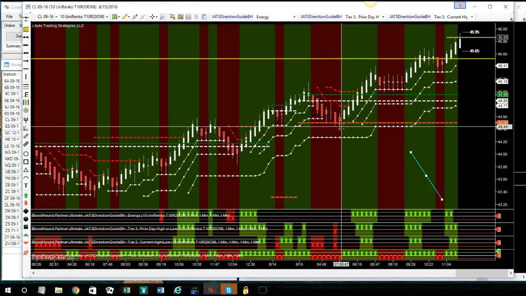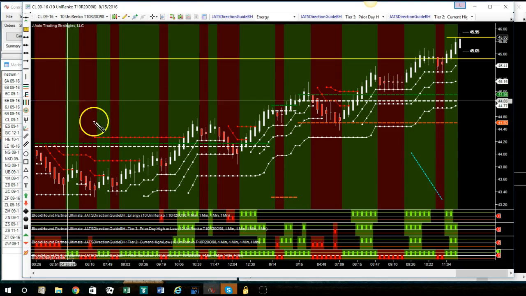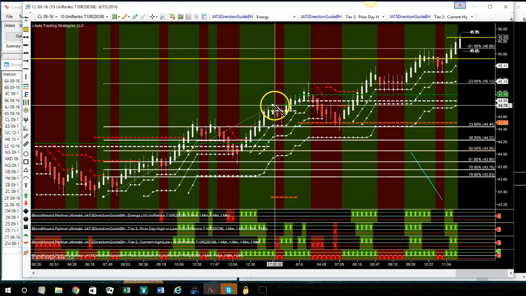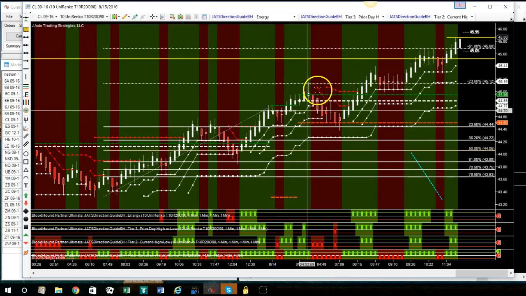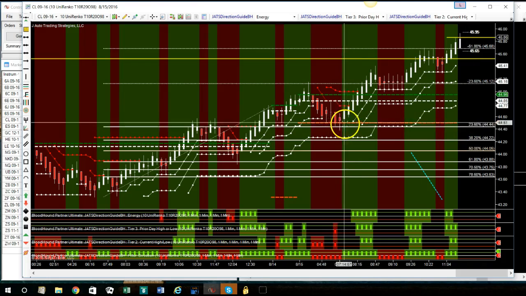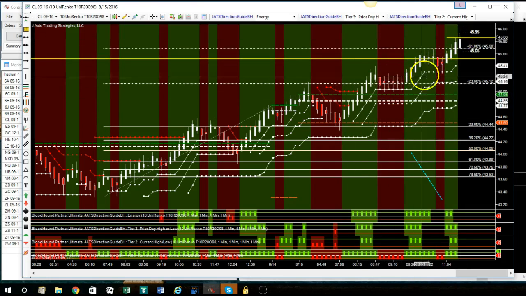The second mistake I made was not recognizing that the low of the day and the high of the previous day never retraced past the 23.6 Fibonacci, which indicates that it's going to be a range expansion day.